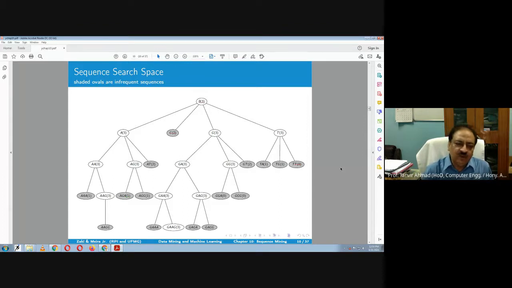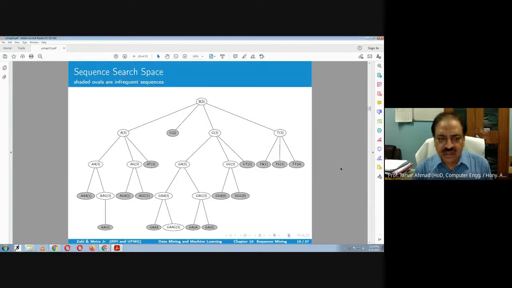Now I am going to generate extensions of AA. What are the extensions of AA? Obviously, AA with A, AAA, AA with G, AAG, and AA with T, but it will not be there because no extensions of T are frequent.